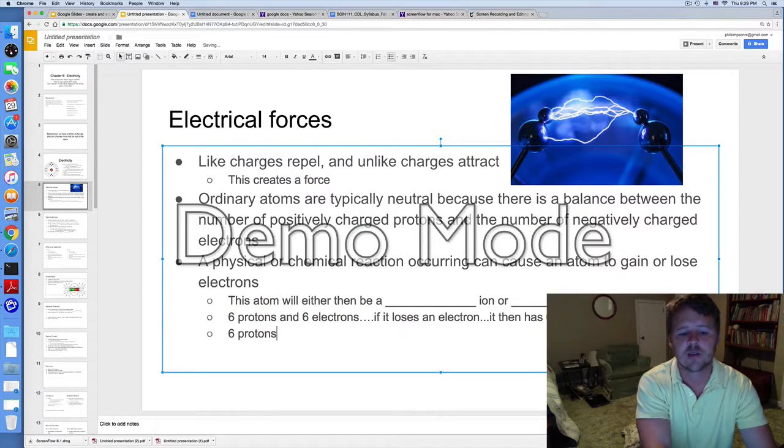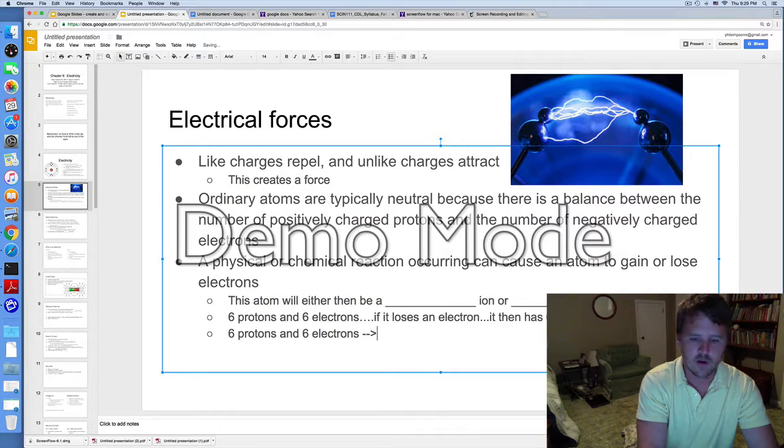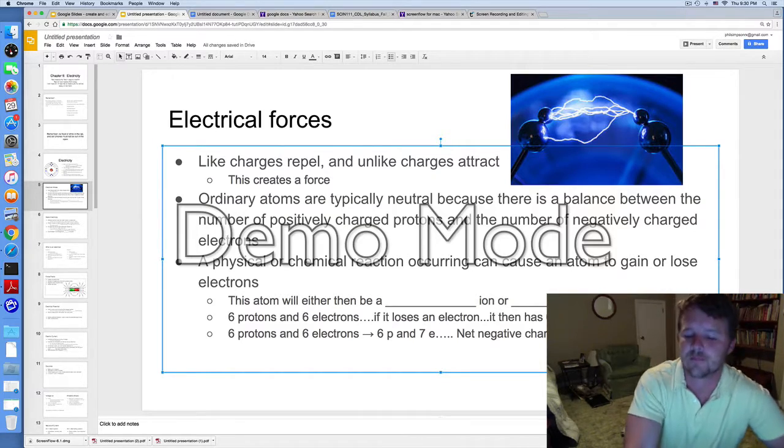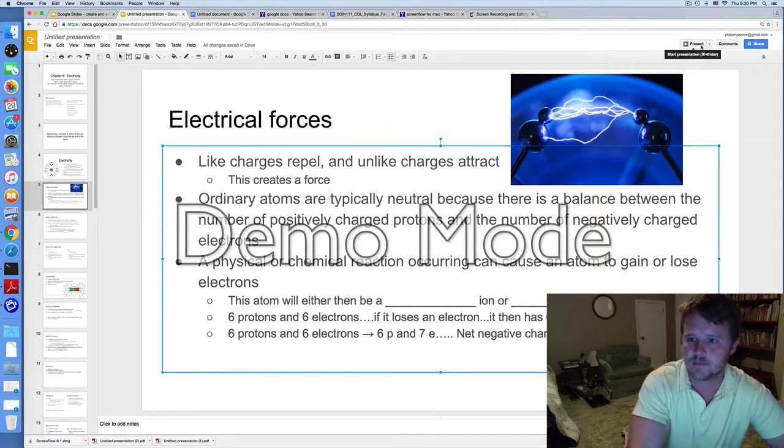Now, if the same atom went to 5 protons and 6 electrons, well, in this class we're just dealing with electrons. So we'll say it gains an electron. It would have a negative charge and be a negative ion, if you can get that.